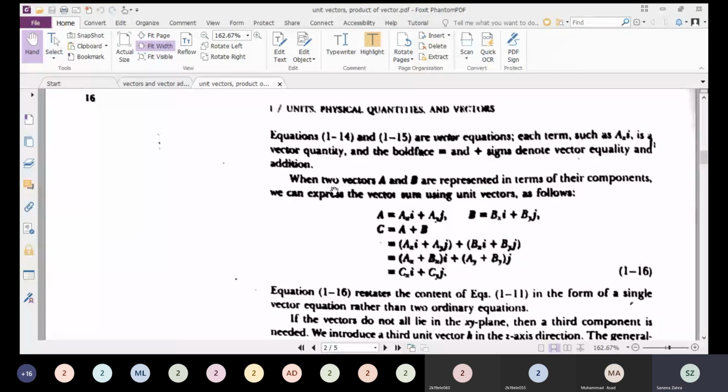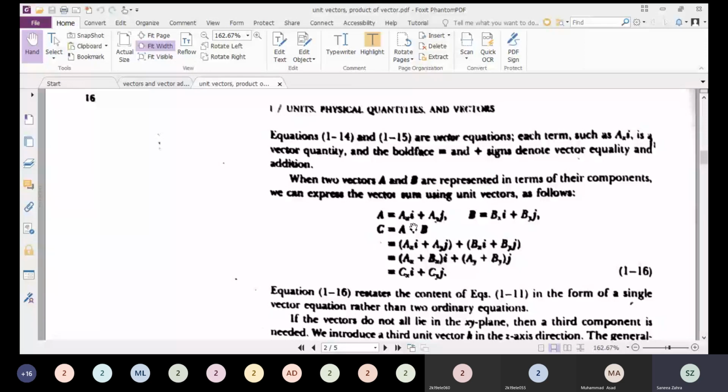When two vectors A and B are represented in terms of their components, we can express the vector sum using the unit vectors. How can we do that? I have just taken the vector A as ax i plus ay j, and for the B vector, bx i plus by j. Now I am taking the resultant of vector A and vector B, which is another vector C.